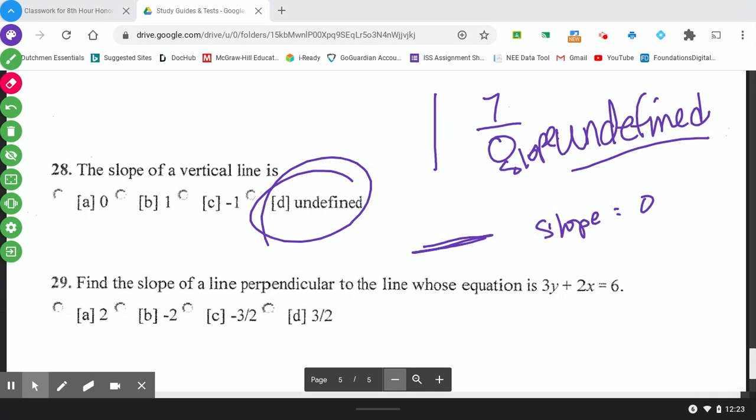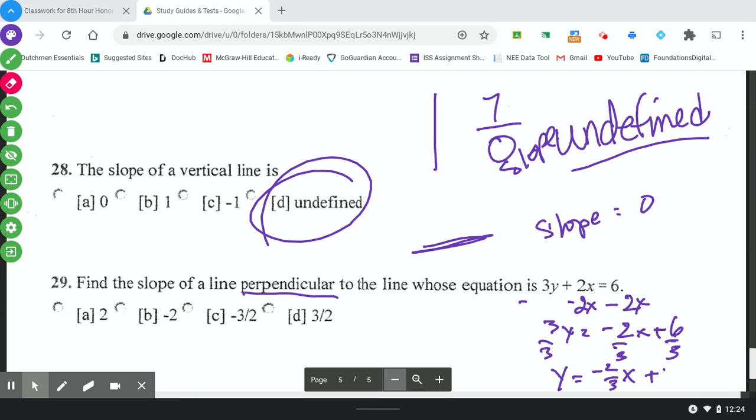Okay, 29 says find the slope of a line perpendicular to this line. So first thing we have to do is get this line into y equals mx plus b. So we subtract 2x from both sides, and we get 3y equals negative 2x plus 6. Then we have to divide by 3 to get that y all alone. And that leaves us with y equals negative 2/3 x plus 2.